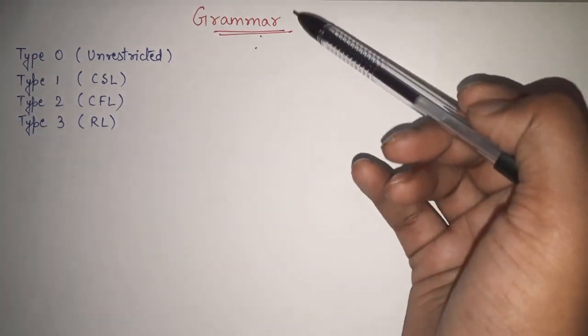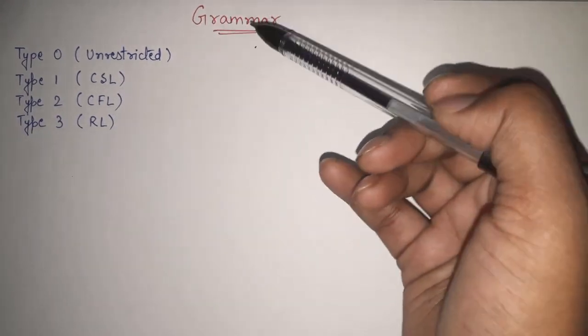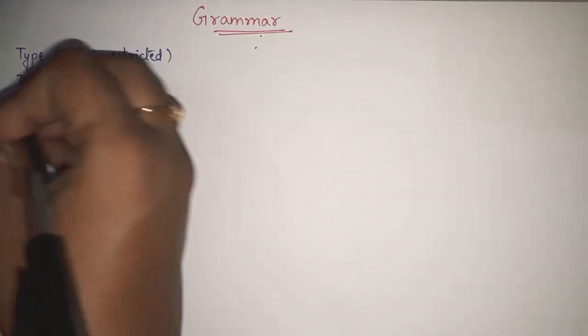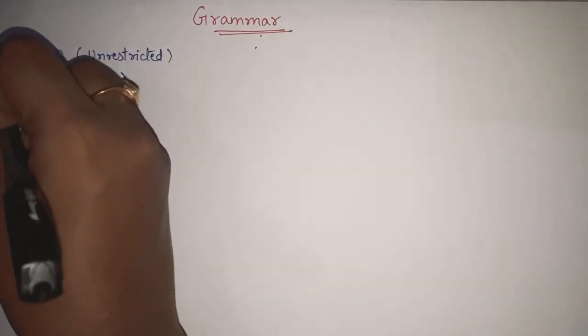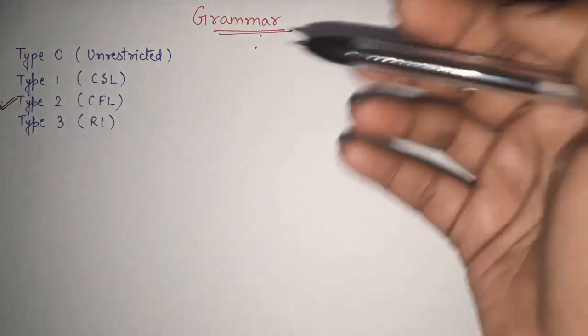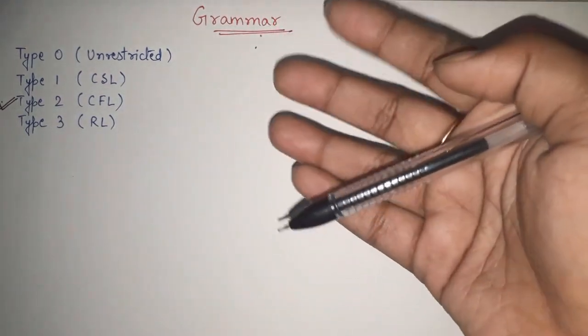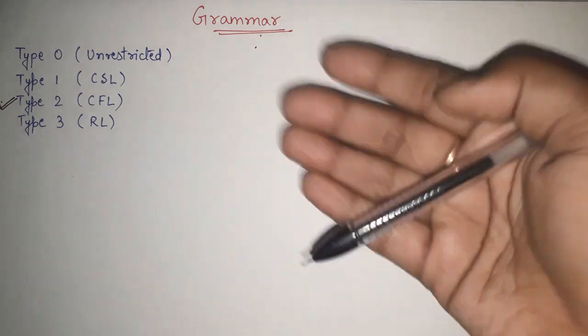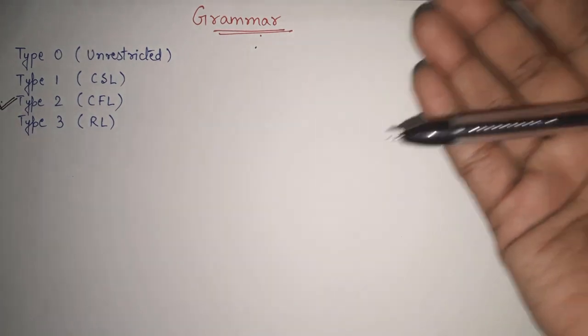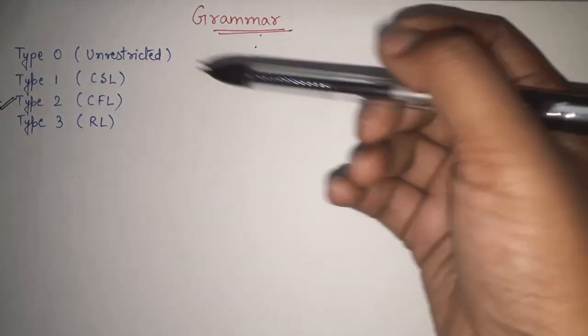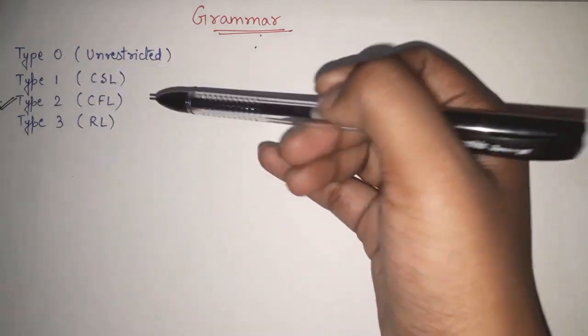Fine. Now in this particular video we are learning about grammar, but specifically we will be learning about context free grammars, because as I told, for the parse tree we are given one grammar, and with the help of that grammar we have to construct the parse trees. So the grammar that will be given to us will mostly be of the context free kind.